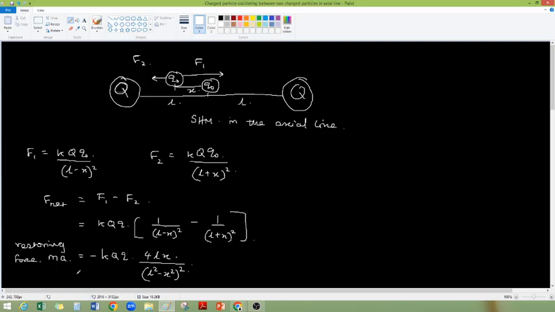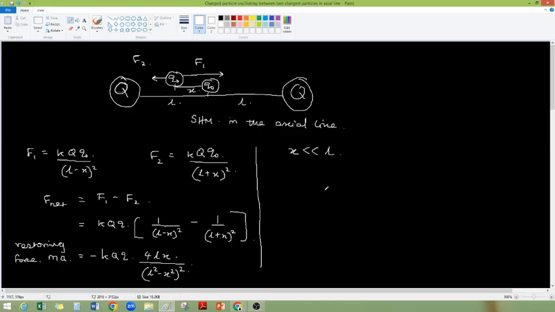That's all. So bring the m on this side. Generally, in the usual cases, they will say that x is very small compared to L. So that means x can be ignored here, not here.